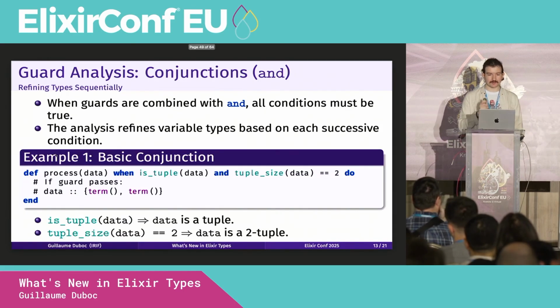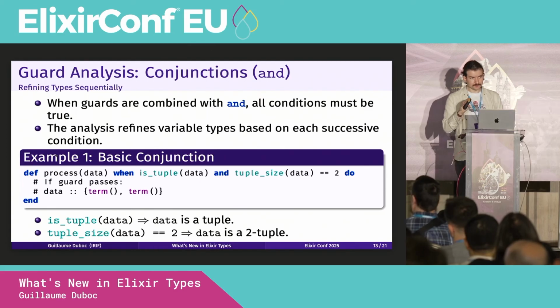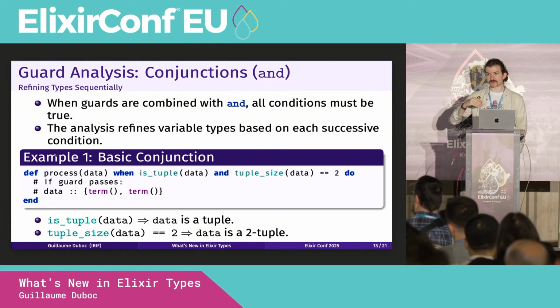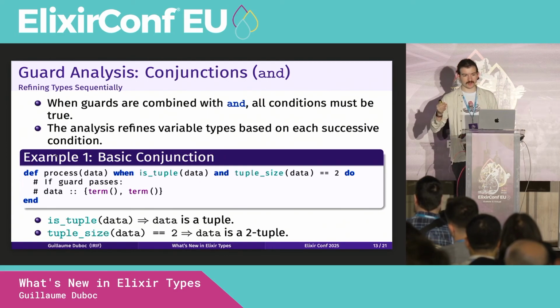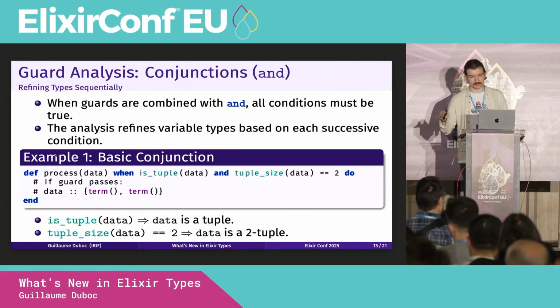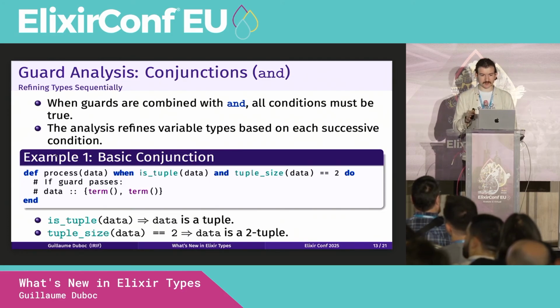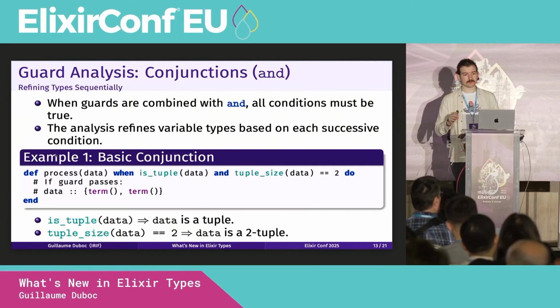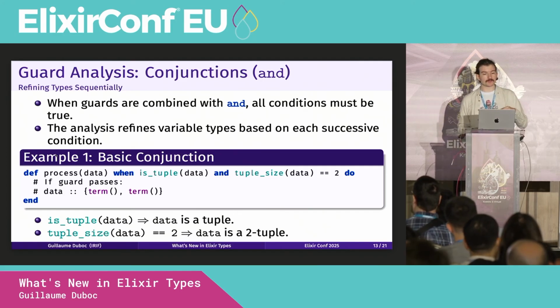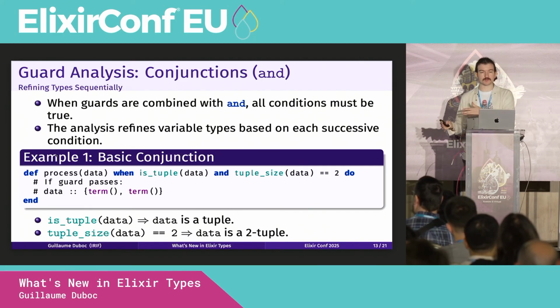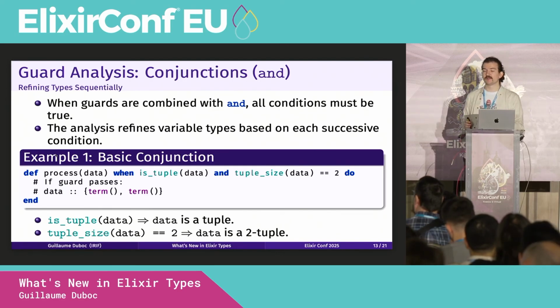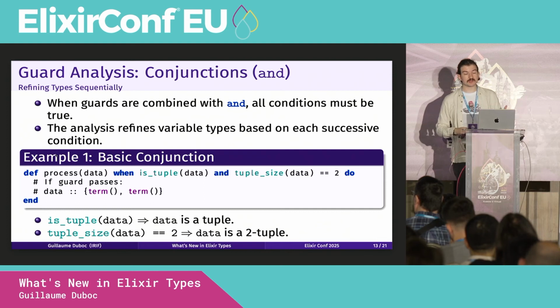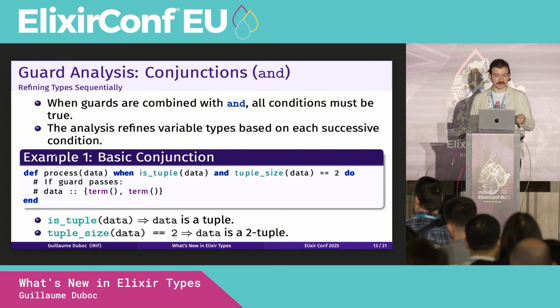So if we have simply conjunction, we just refine the types of the variables as we progress through the guard. So here, in process data, when we have is-tuple data, we know that data is a tuple, and then when calling tuple size data, we see that the only possibility is that data has to be a pair of any types.